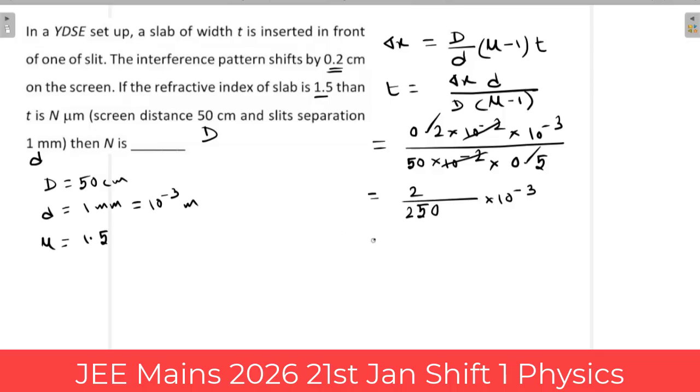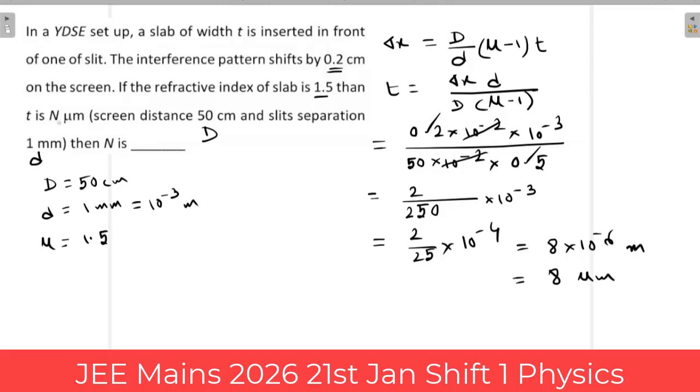So this becomes 8 into 10 to the power minus 6 meter. So this becomes 8 micrometer.